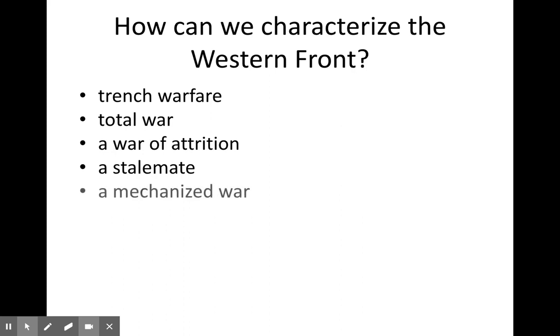Stalemate. And a highly mechanized war. So the reason that so many people die in World War I is that the generals were not able to really respond to these tactics effectively. There's a specific general, General Haig of the British Army, that pretty much has a terrible reputation after the war.